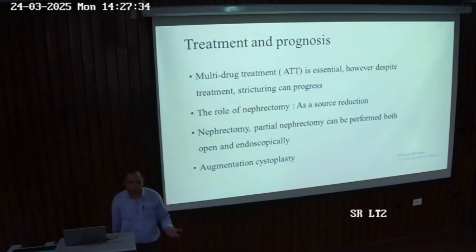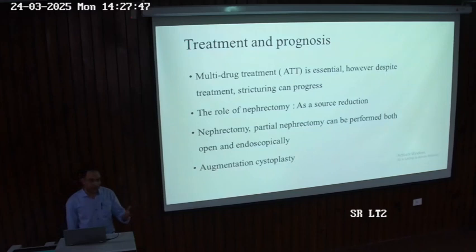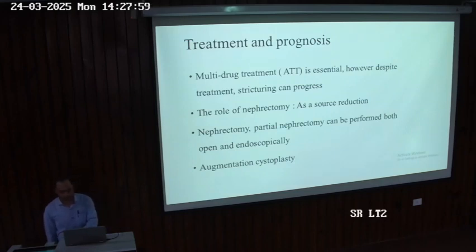Then isoniazid causes neuropathy, which is prevented by vitamin B6. Pyrazinamide causes hyperuricemia, pain in the joint: P4 pyrazinamide, P4 pain in the joint. Ethambutol, E4 eye toxicity, optic neuritis. And streptomycin is ototoxic and nephrotoxic. So you can remember the side effects of these.